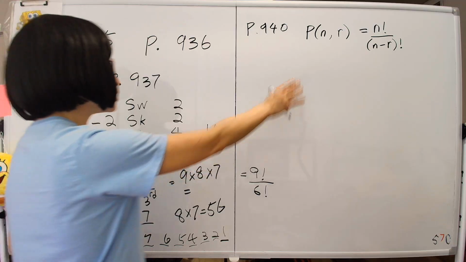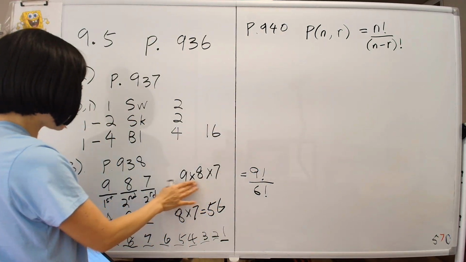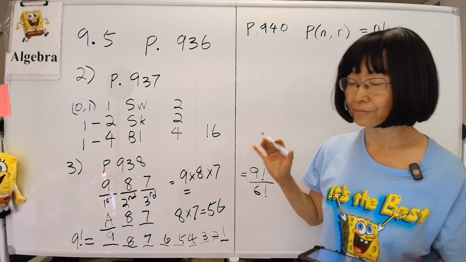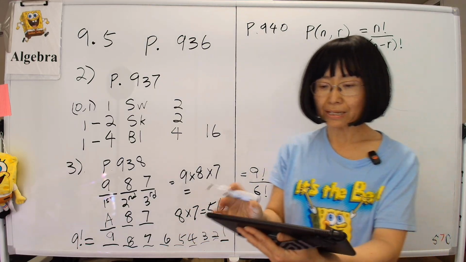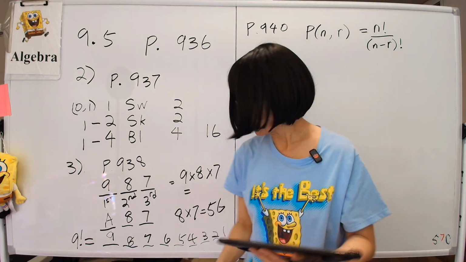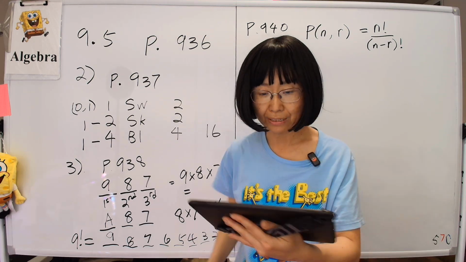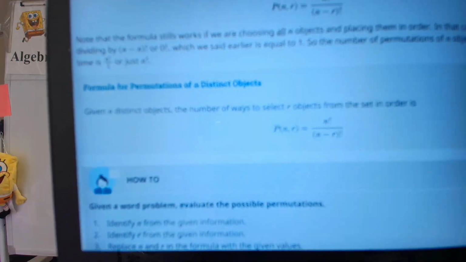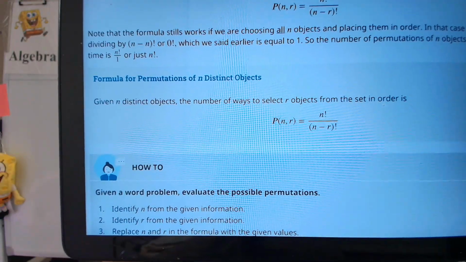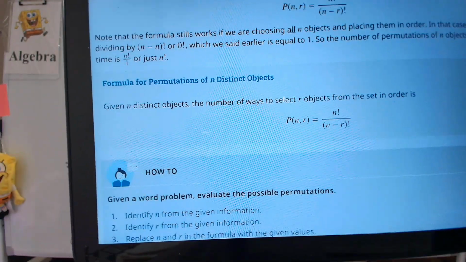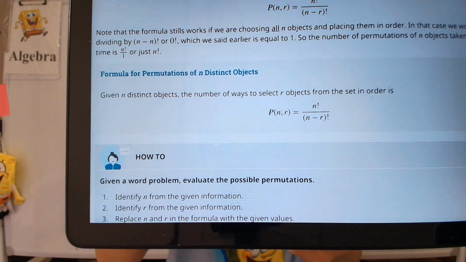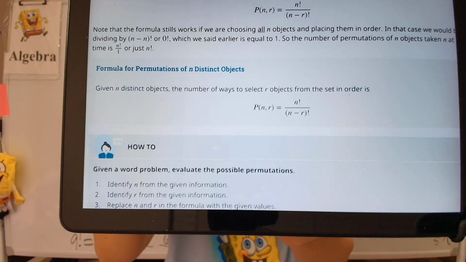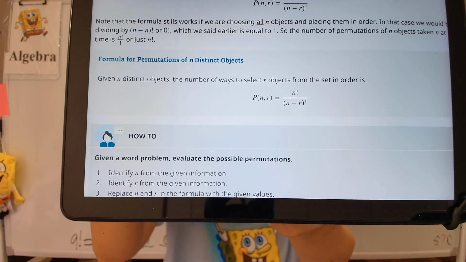This is a general formula to do this kind of problem: like you have 9 people and 3 positions, how do you choose? Now, put it the way the book says. This formula is very important, so please pay careful attention to it. Given n distinct objects, that's the 9 people, n is 9 people. The number of ways to select r objects, r is the 3 positions, first, second, third, so r is less than n.